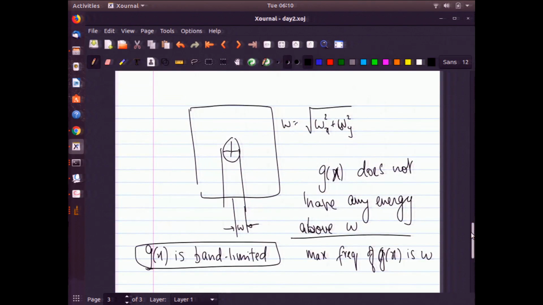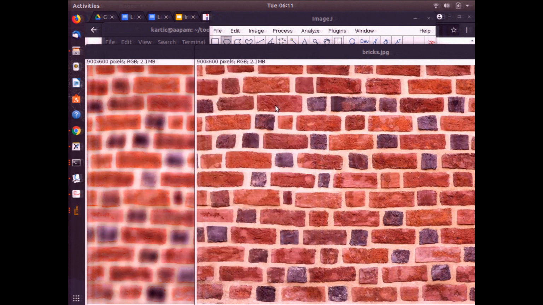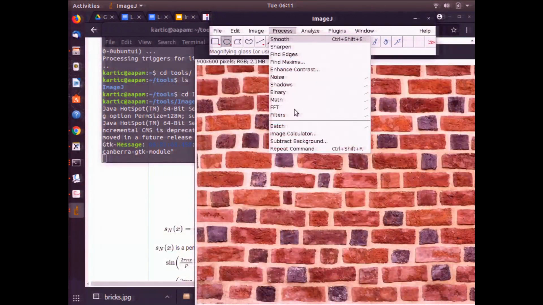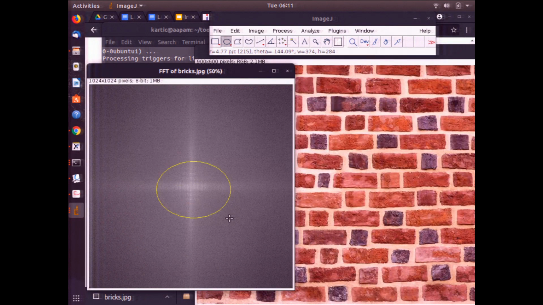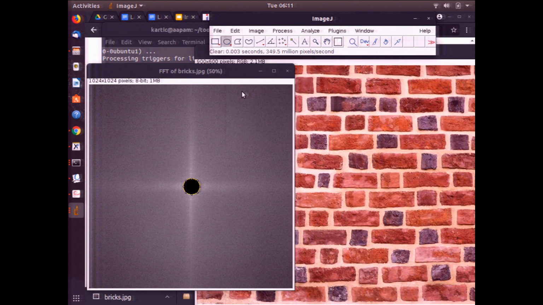By the way, we don't need to stick to just this, right? We could have done exactly the opposite here. What we could also do is take the Fourier transform. So this may be a slightly different circle, but we can also clear the low frequency.